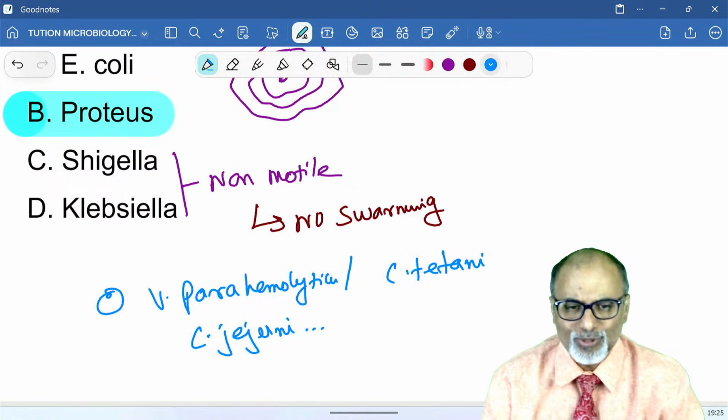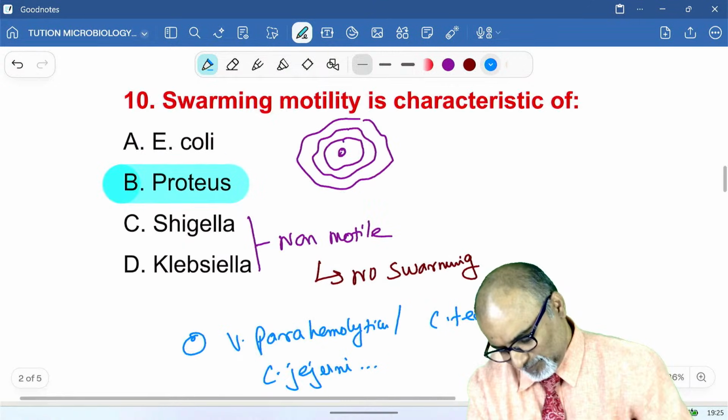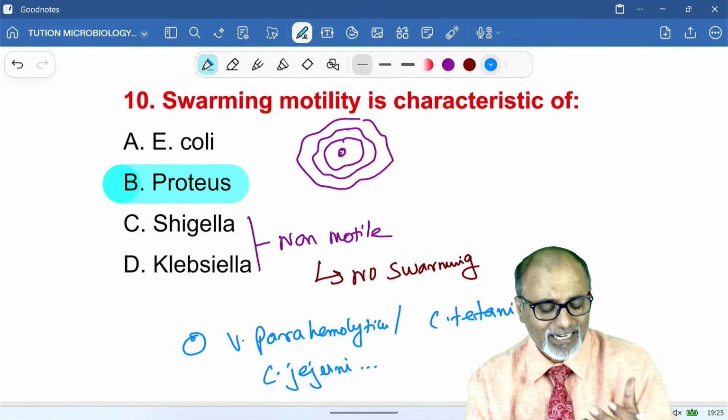These are notorious for producing swarming. Swarming is a type of motility we can appreciate in the culture medium.